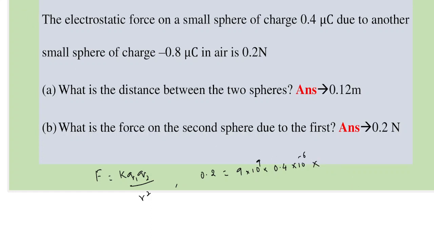Do remember that in Coulomb's law we use only the charge magnitudes, not the signs. So even though it is minus 0.8 microcoulomb, we write only 0.8 into 10 power minus 6, by R square, since the distance is not known to us.